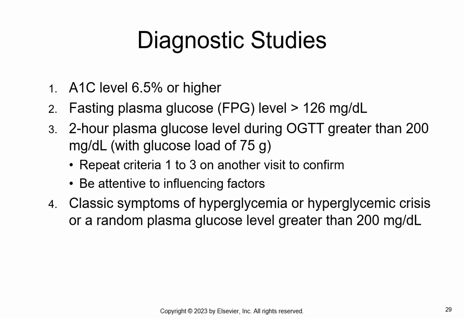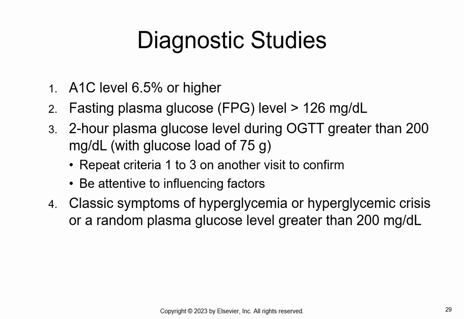The diagnostics of diabetes mellitus is made using one of four methods. Look at table 53.2. If a patient has hyperglycemic crisis or clear symptoms of hyperglycemia, the three Ps, polyuria, polydipsia, and polyphagia, with a random plasma glucose level of 200 milligrams per deciliter or greater, repeat testing is not needed.